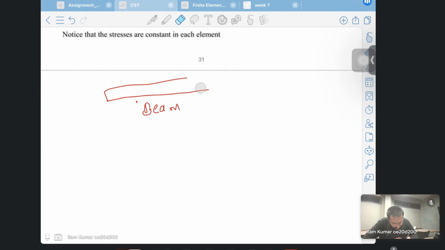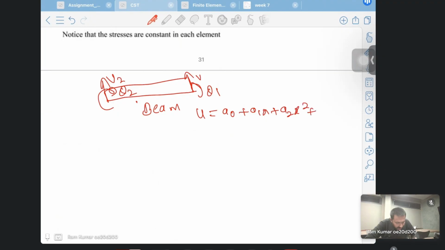So V1 and theta1, V2 and theta2. How are we finding the shape function? First we are saying u equal to a0 plus a1x plus a2x square plus a3x cube. We are assuming some random displacement; the shape of this function will follow this displacement.